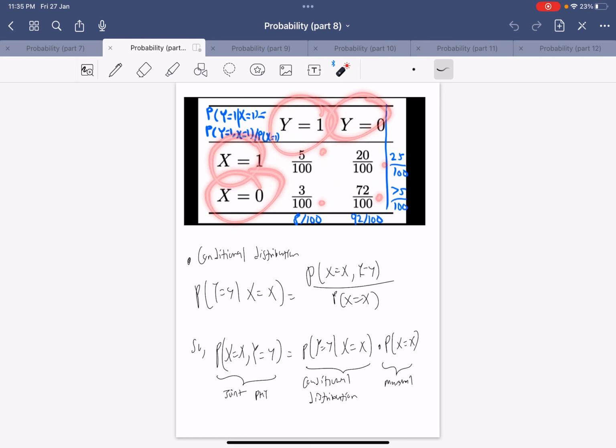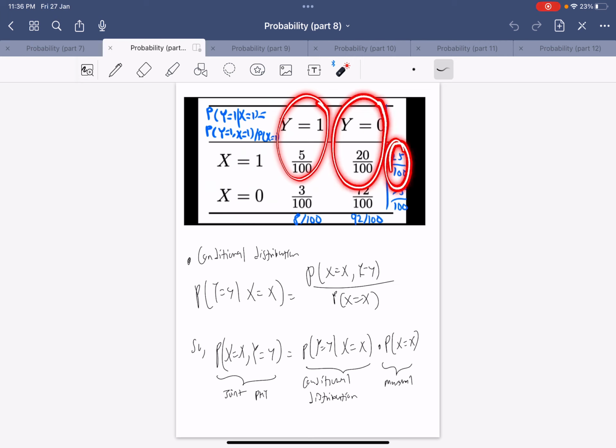The probabilities are given over here, and this table represents the joint probability mass function for each of the events. So for the marginal probability where X equals 1, you have to sum the cases: case 1, Y equals 1, and case 2, Y equals 0. And so the marginal probability is 25 over 100. Really, that's what it means to get the marginal probability distribution from the joint probability distribution.